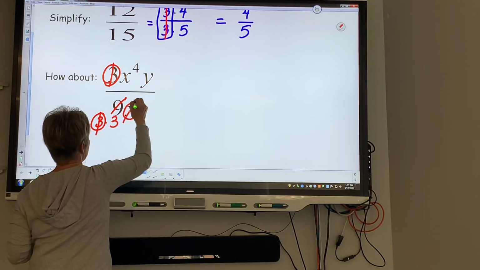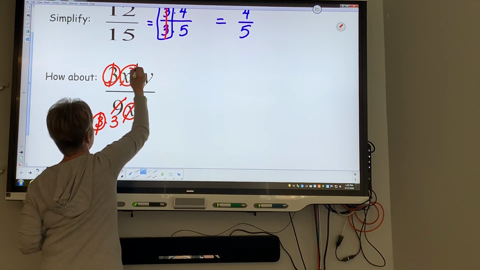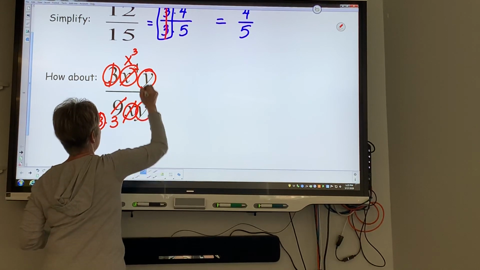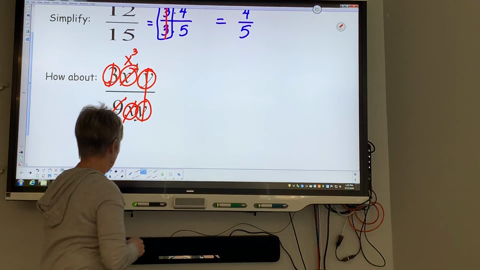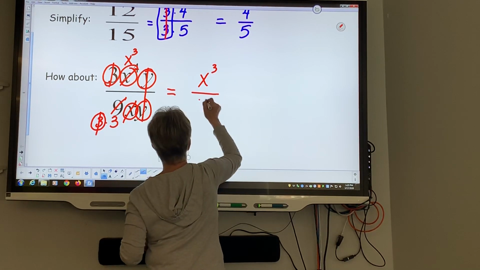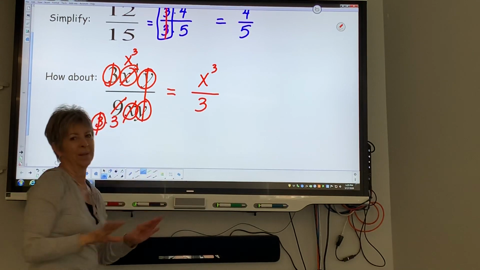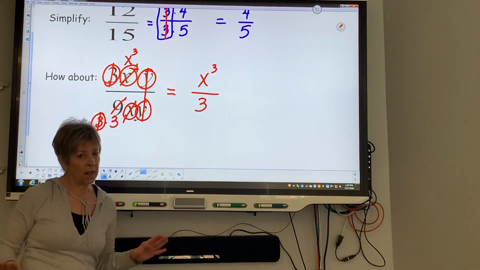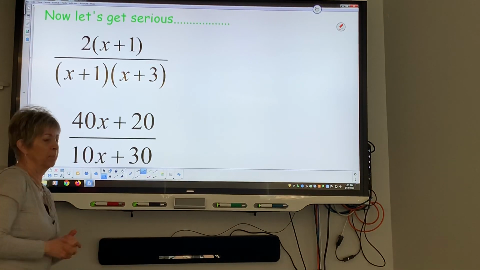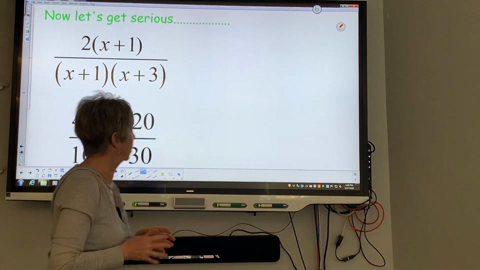This x and one of these x's becomes 1, leaving an x to the third, and the y's become a 1. So what I am left with here is x to the third over 3. Now, that's baby food. That's all Algebra 1 stuff, okay? Let's move on to our middle school years here a little bit.